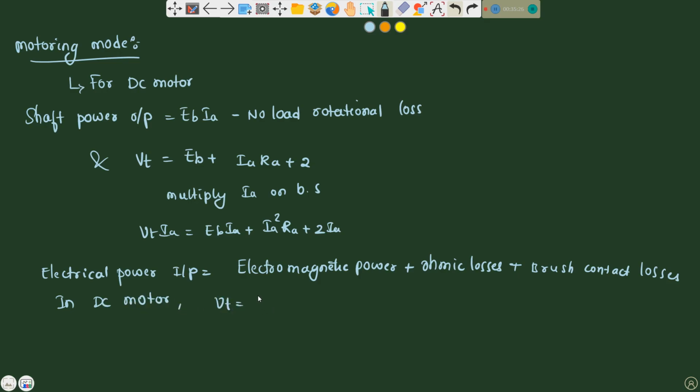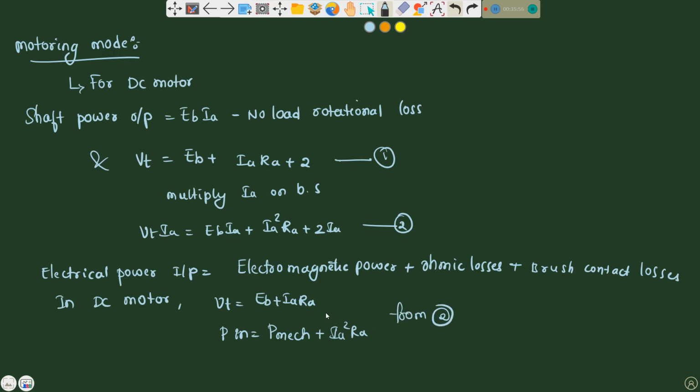So in DC motor, Vt will be Eb plus IaRa. Correct? So we will be getting as input power equals to what? Mechanical power plus I square R. From this equation you can get this, call this as 1 and 2. From 2 we will get this.